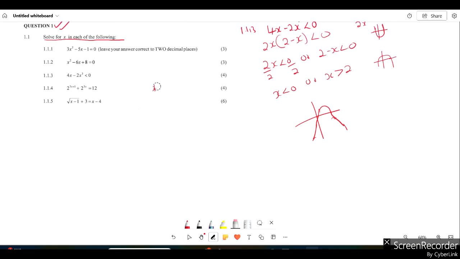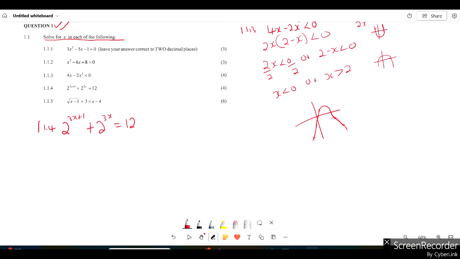Okay. So let's move to 1.1.4. It's 3x plus 1, 2 to the exponent of 3x equals 12.